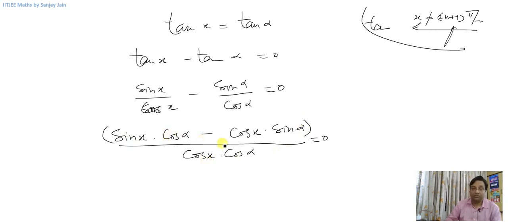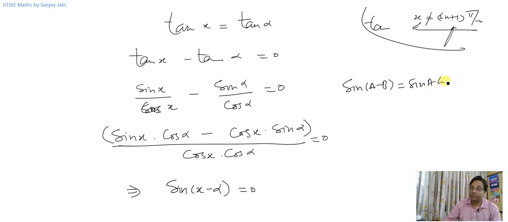Or you understand that if this is 0, obviously the numerator is 0, right? And what is the numerator? Sin x cos alpha minus cos x sin alpha, right? So this is nothing but sin of (x minus alpha). So this numerator has to be 0 for this equation to be 0. We know sin(a minus b) is what? Sin a cos b minus cos a sin b.